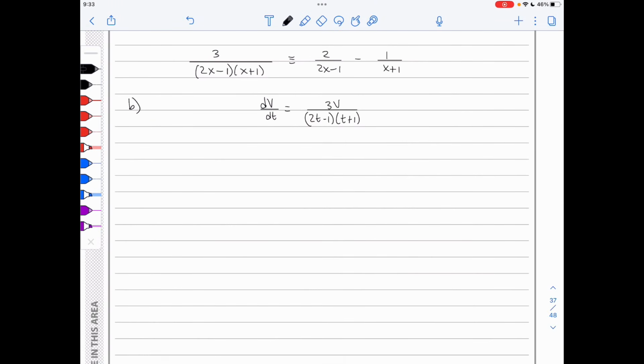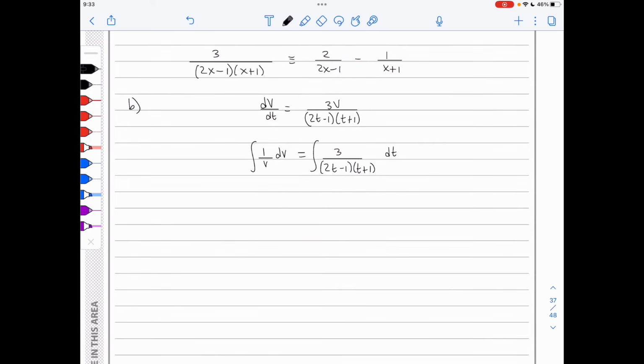So this is the given differential equation. I will start by separating the variables, which means I will collect the v with dv on the left hand side and the t's with dt on the right hand side. So this leads to 1 over v dv is 3 over (2t - 1)(t + 1) dt, and I integrate both sides.